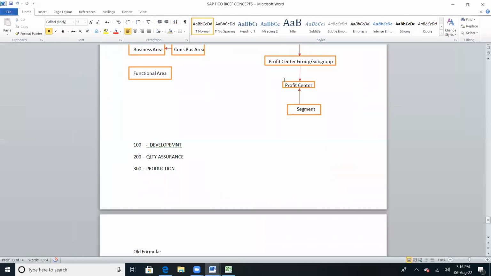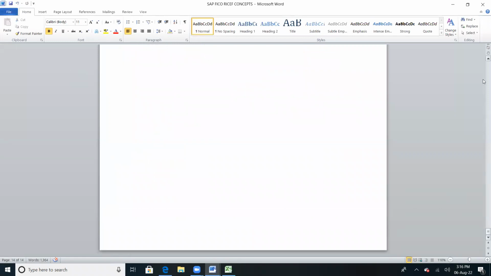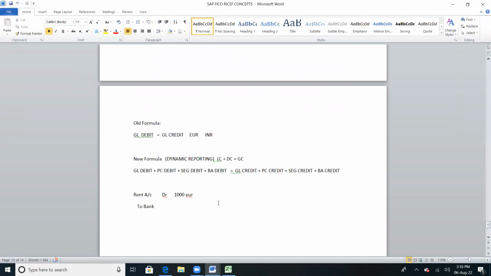Chart of accounts is a library of GL masters.